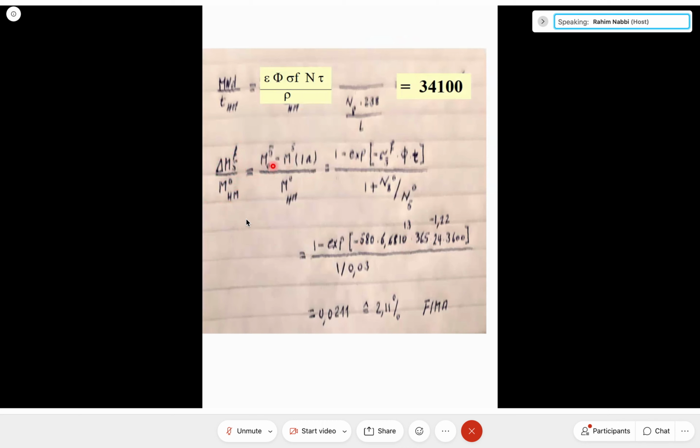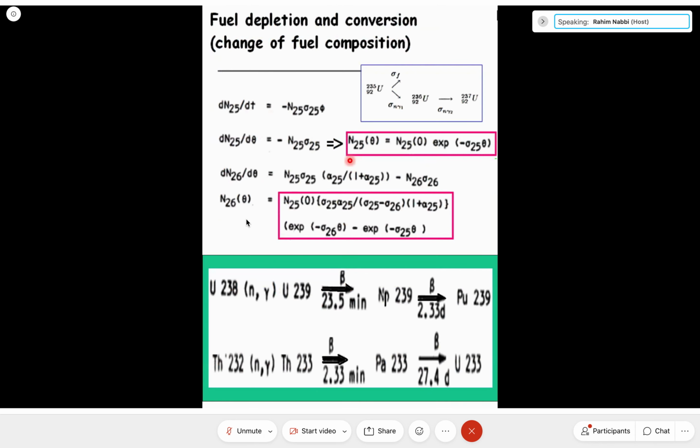It is initial mass uranium-235 minus the mass after 1 year, divided by the mass, again heavy metal, at the beginning. Good. You remember, this is a difference, and the difference is an exponential function. You remember, we saw that before. Exponential.